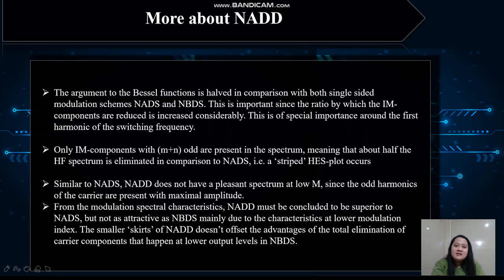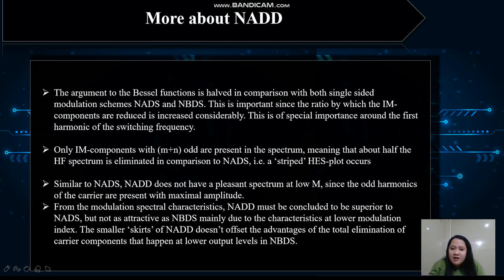So the next is, what do you know more? If you want to know more all about NADD, so the argument to the Bessel function is half in comparison with both single-sided modulation schemes, NADS and NBDS. This is important since the ratio by which the IM components are reduced is increased considerably.